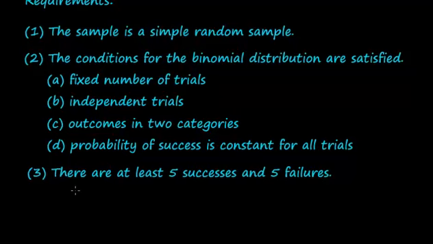We would say N times P hat, the proportion of success times the number in your sample, has to be greater than or equal to 5. That gives you the number of successes, and then N times Q hat gives you the number of failures, and that has to be greater than or equal to 5.